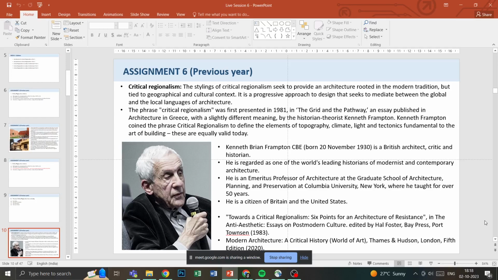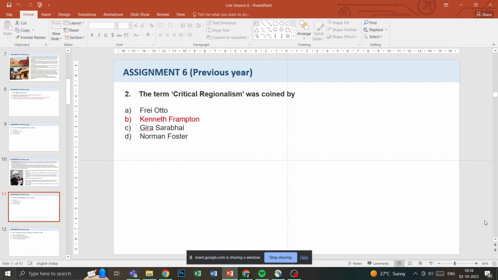He is a citizen of Britain and the United States. His most famous written works include Towards a Critical Regionalism: Six Points for an Architecture of Resistance, and Modern Architecture: A Critical History. So our answer is Kenneth Frampton.